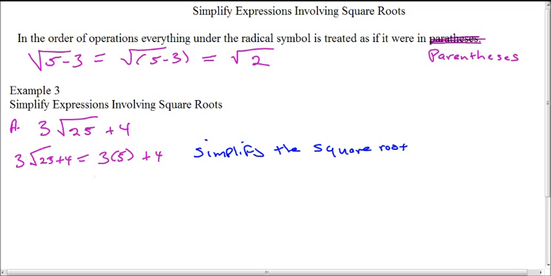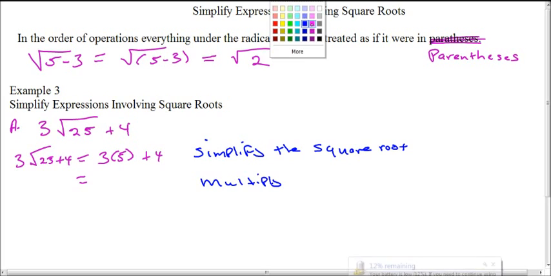Now we multiply, because of the rules of order of operations, PEMDAS.